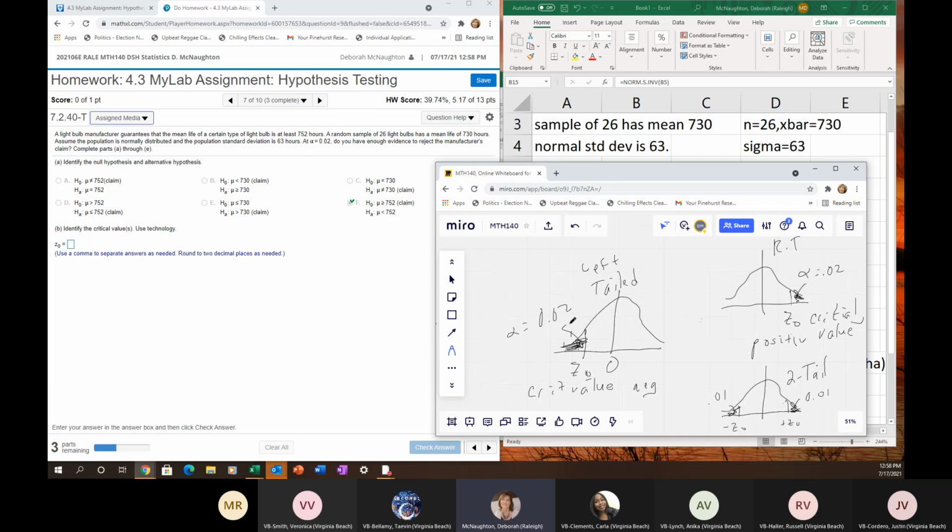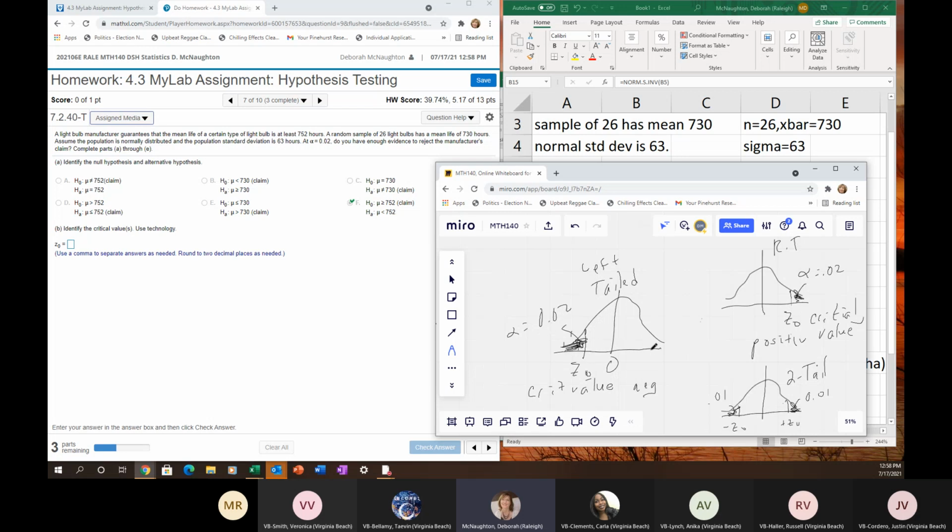So those tests return the same results. You can either look to see if the critical value falls in the rejection region or if the p-value is less than alpha, because if it is in this rejection region, then naturally the p-value will be less than alpha, because anything out here will have a probability that's less than 0.02.